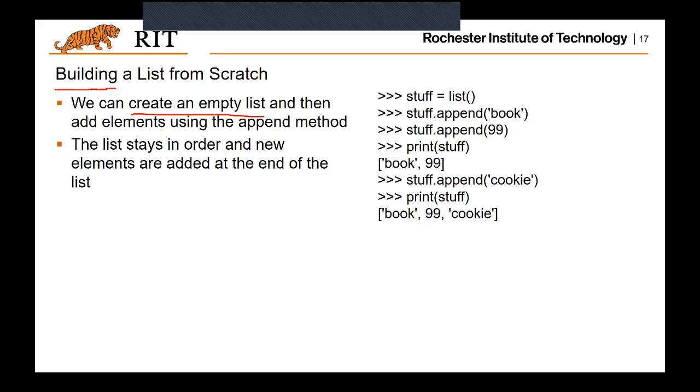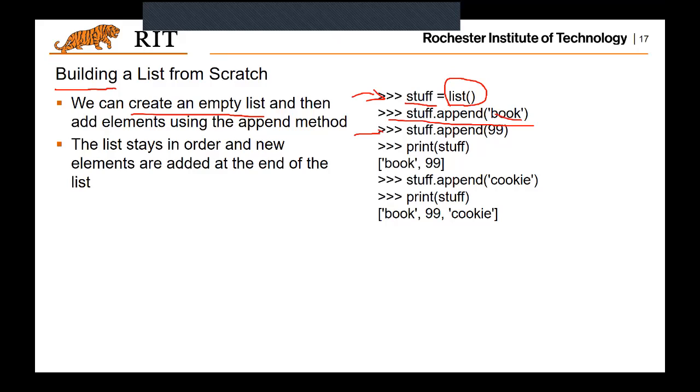So what you do is use this list parenthesis to create a new list and assign it to a variable. Currently, this list has nothing in it. It's an empty list. And then you can append elements to this list. For example, you put one element, which is a string, book.